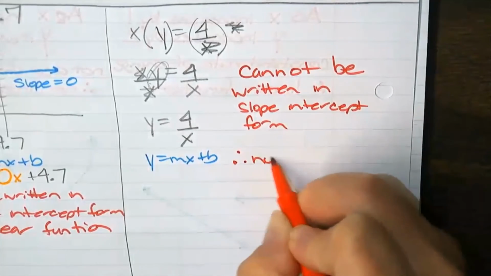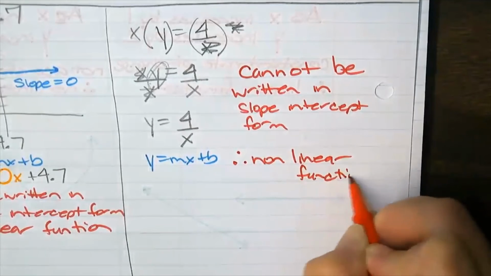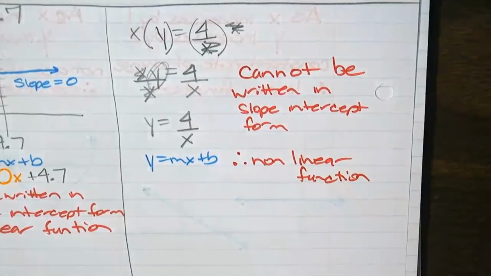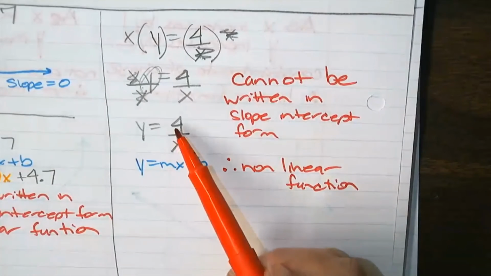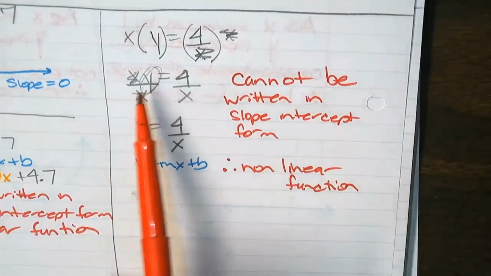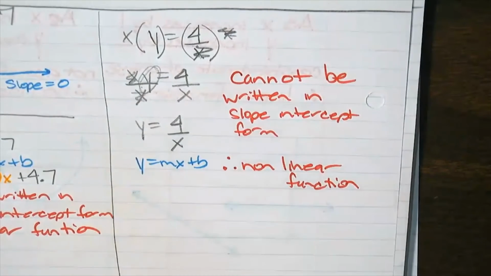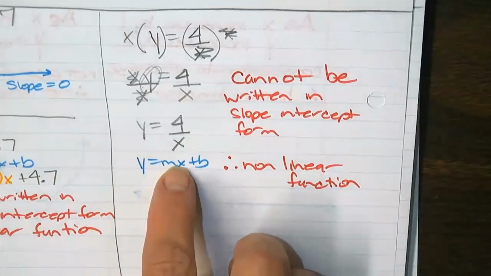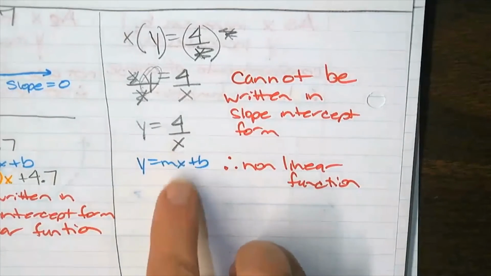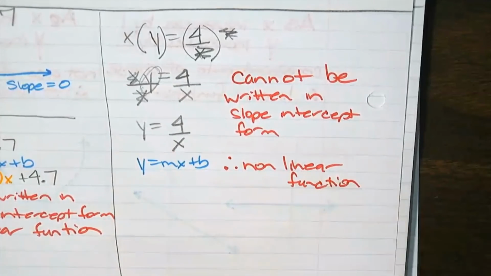Therefore, this is a nonlinear function. I cannot get my x up in the numerator unless it's attached to the y, and I need my y isolated. So I can't get it to slope-intercept form. It is a function, I just can't get it into slope-intercept form. So it's a nonlinear function.